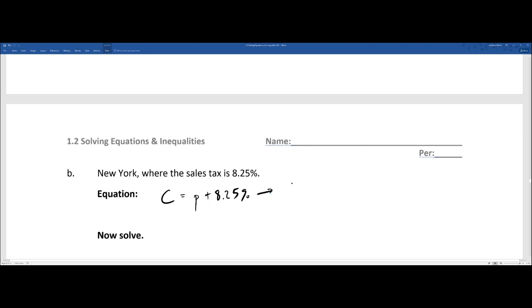Now, this is really just the cost equaling 100%, or 1.00 of the price, plus, and if we convert this percentage to decimals, it moves there, so you would have 0.0825, and that'll add on to our price.